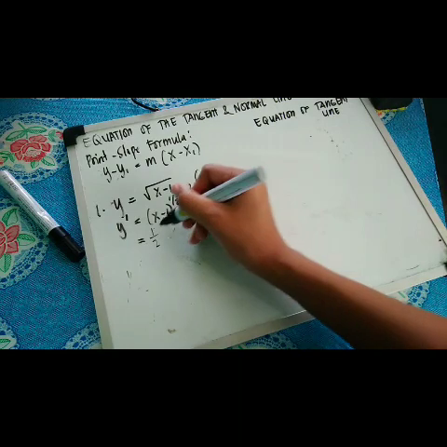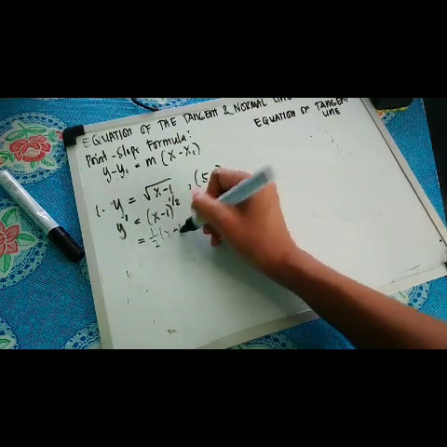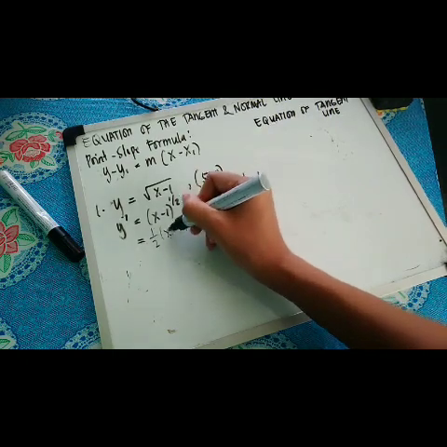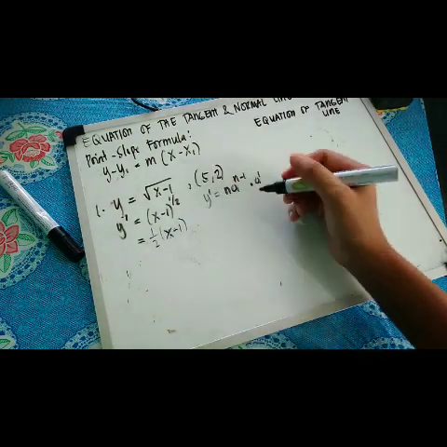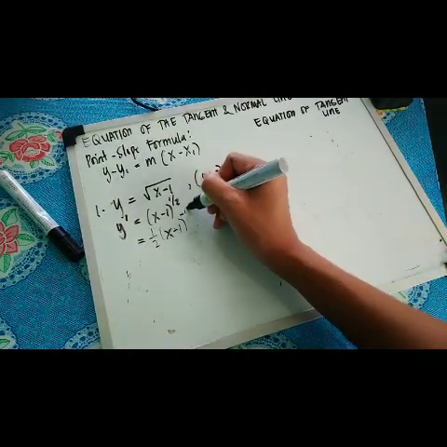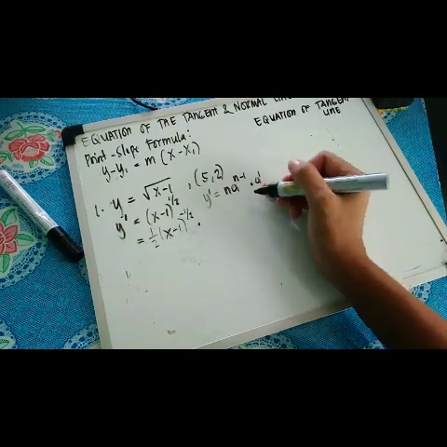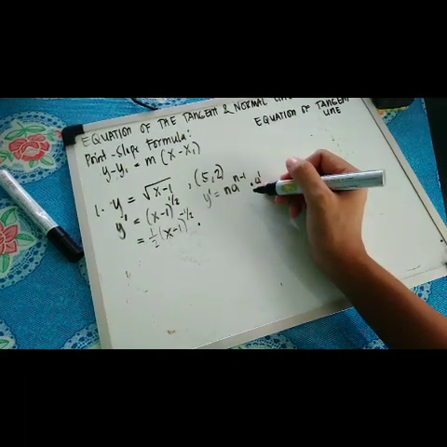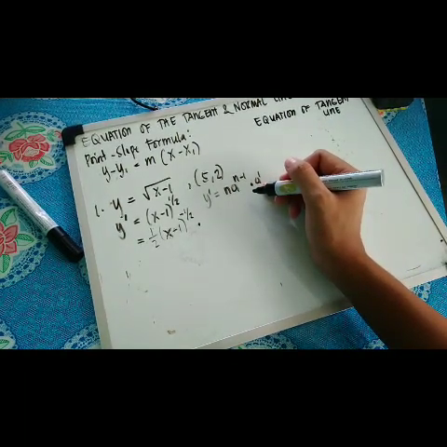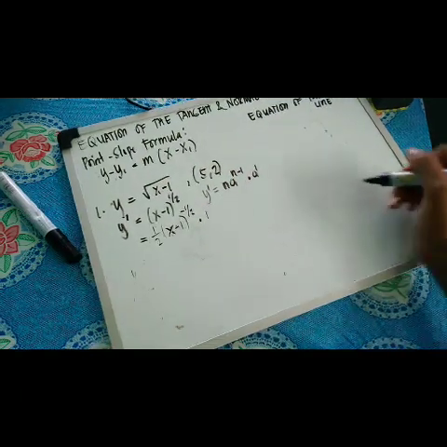And then our a is x minus 1. Next, 1/2 minus 1 is equal to negative 1/2. Then the derivative of x is 1.